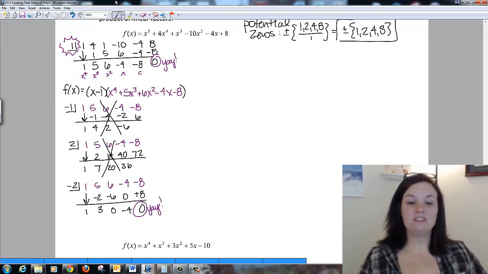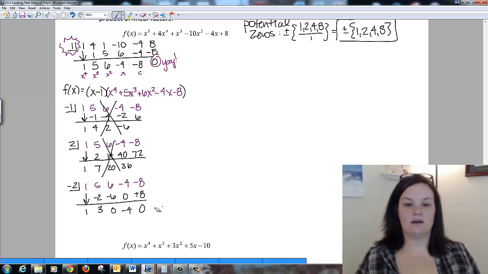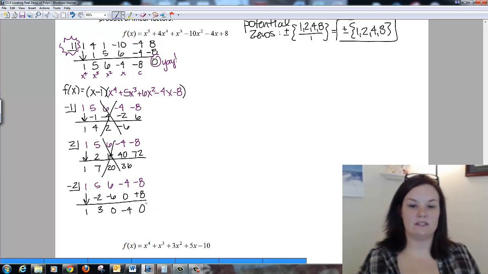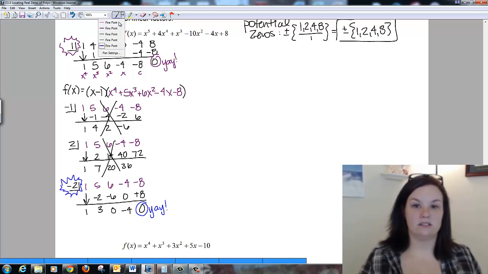Okay. So now that we found something that it broke down further to, I'm going to go ahead and write the factors that I have now. So now I know -2 is also a 0.